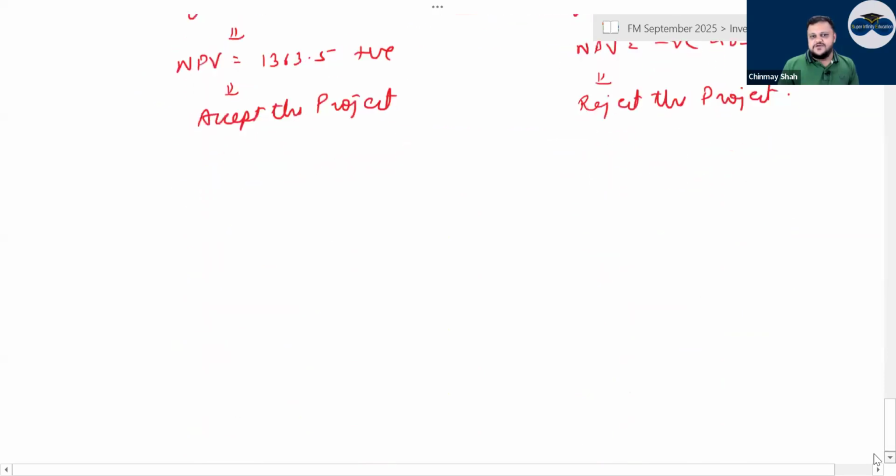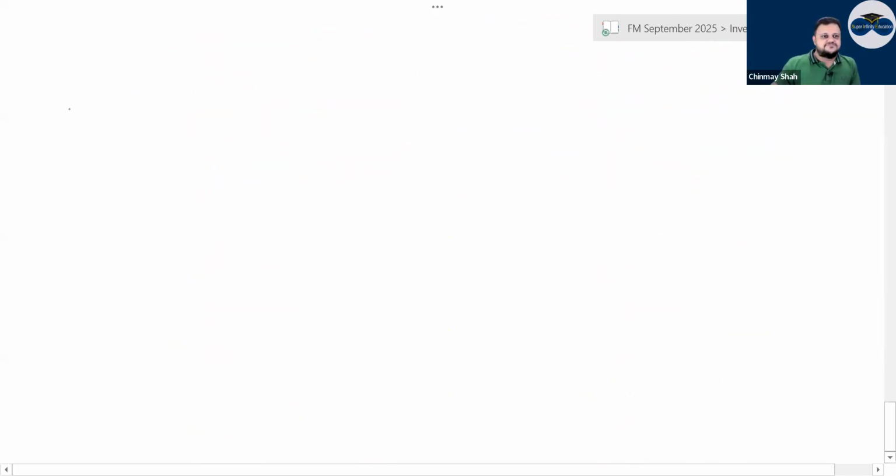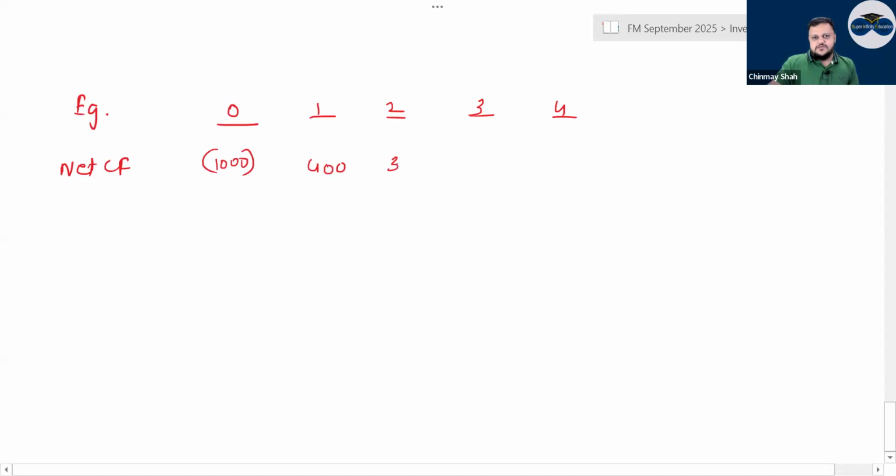Now, can we go to a bit of shortcut? Look, I'll tell you. Example. 0 year, first year, second year, third year, fourth year. Net cash flow. Right? Now what will I do? I'll put up the initial investment here. Negative 1000, 400, 300, 600, 150.